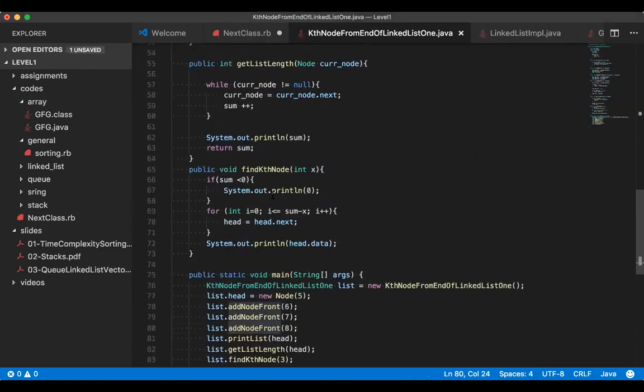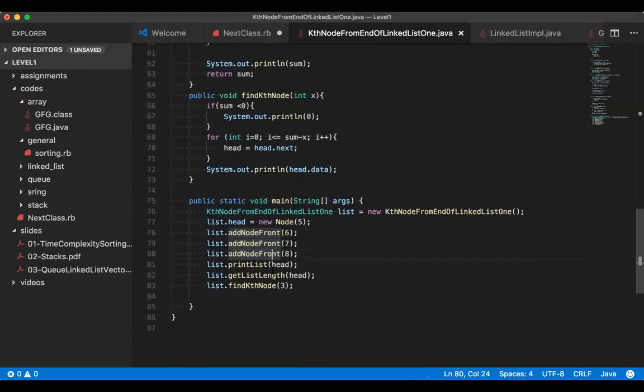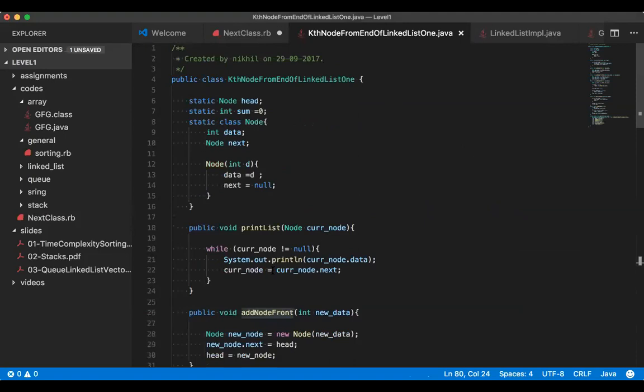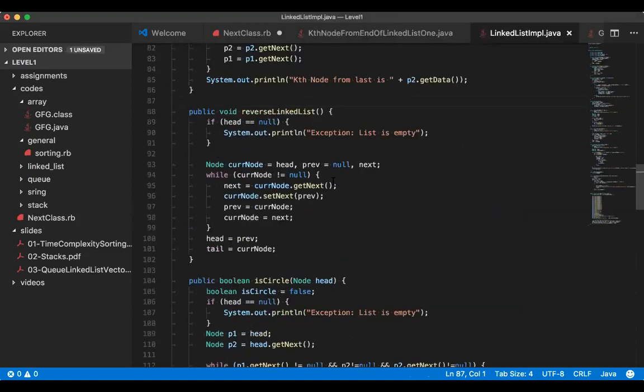Yes, Nikhil, do you have your code or shall I go ahead now? Yeah, Praveen, I just sent it to you. Okay, we'll look at it later and leave it for now.